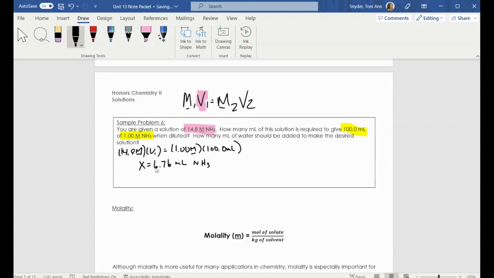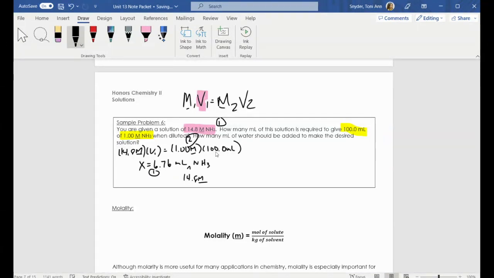So you would need 6.76 milliliters of the 14.8 molar solution in order to make 100 milliliters of the less concentrated one. So this answers the first question, how many milliliters? If I put a number 1 next to that, this is the answer for that first one.